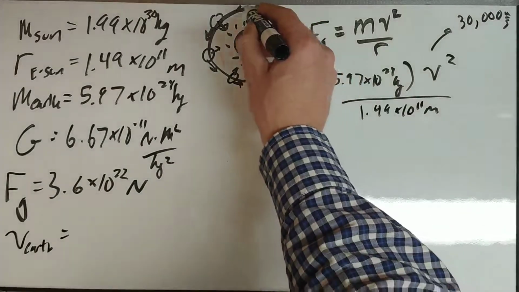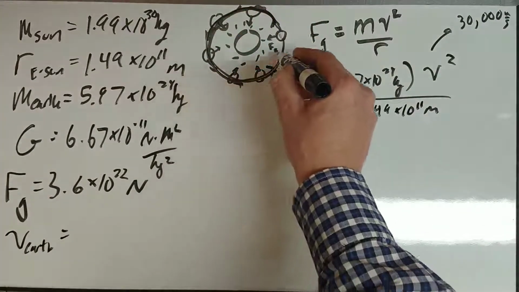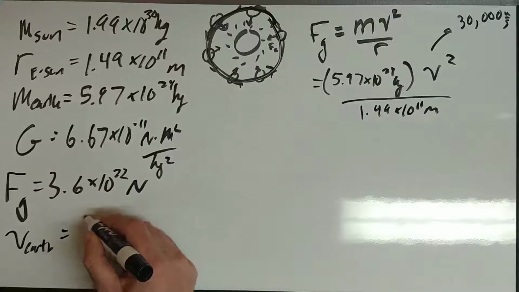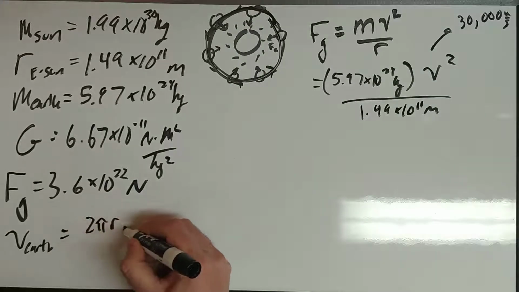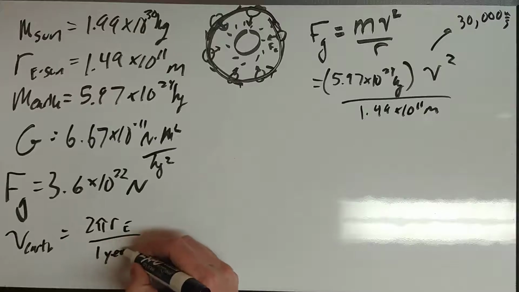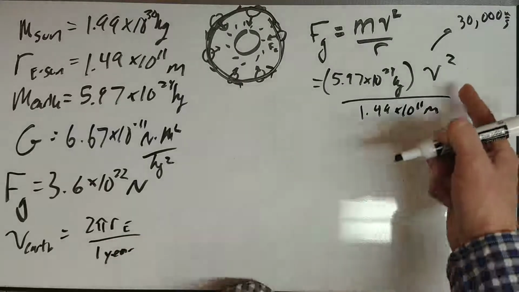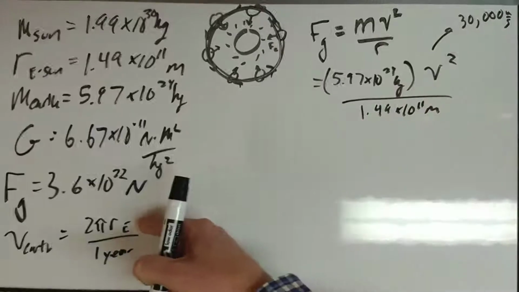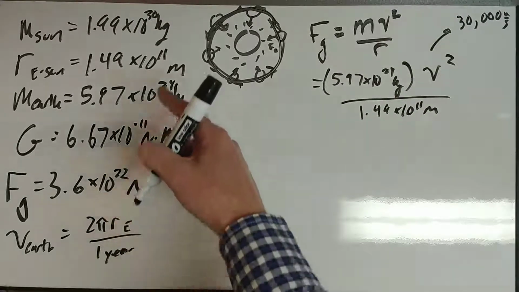It's making one circumference lap in 1 year, so it's 2 pi times the radius of the Earth divided by 1 year. But the problem with that is we want it in meters per second to make this all work. So the top's easy, 2 pi times this radius.